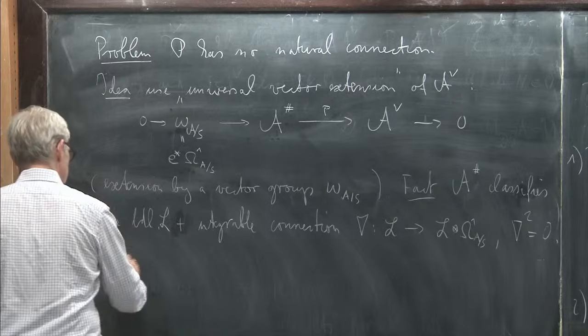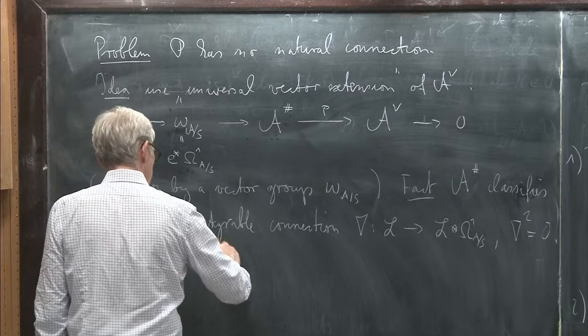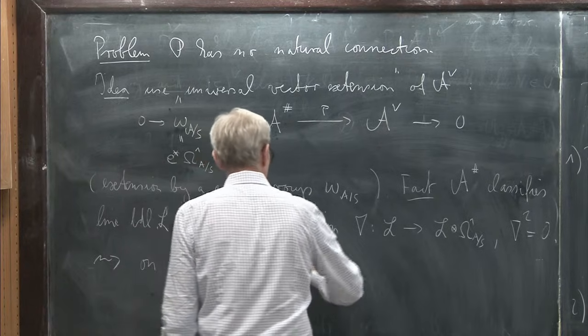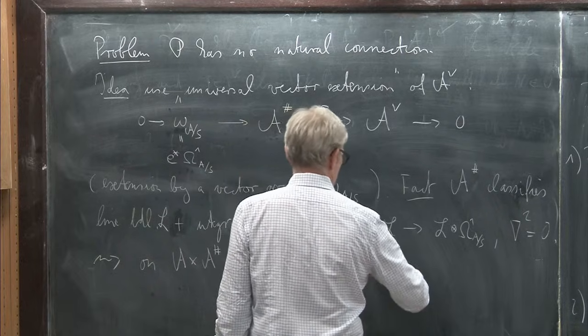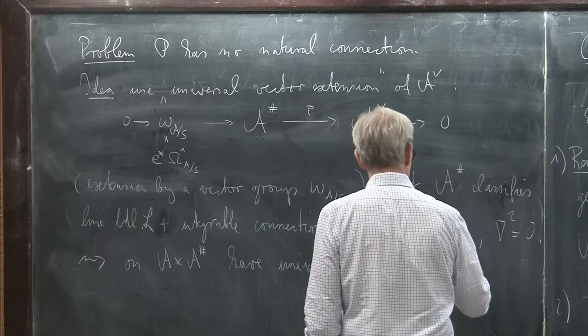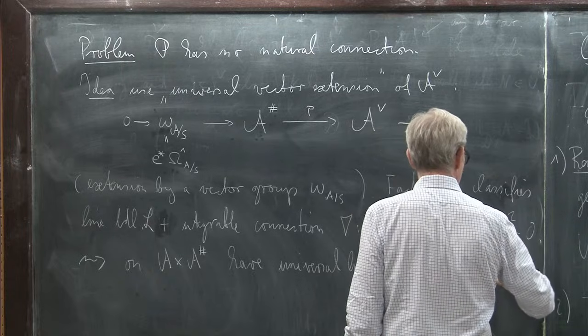So this gives on A times A sharp the universal line bundle P sharp with connection.